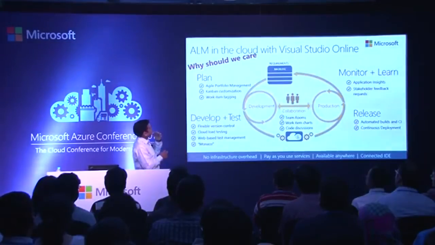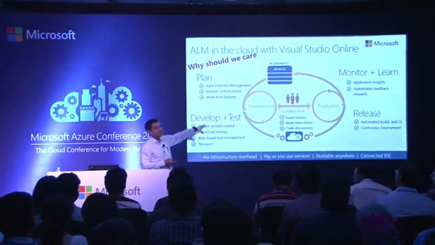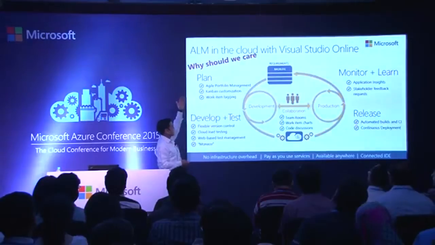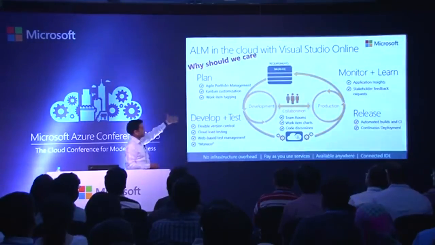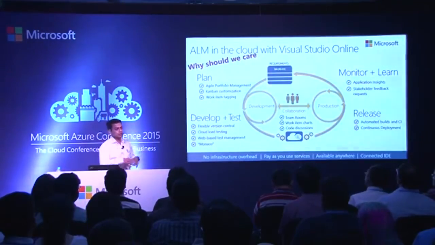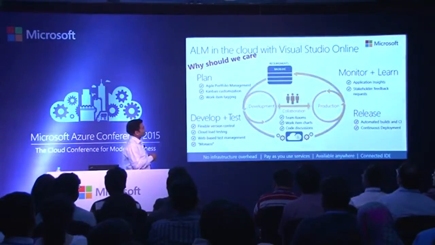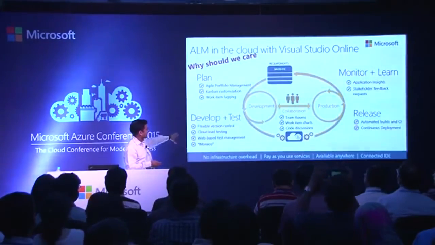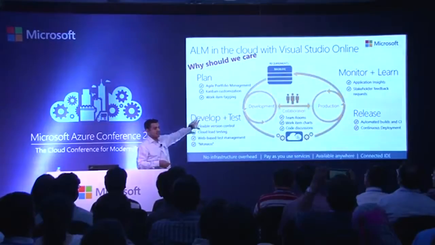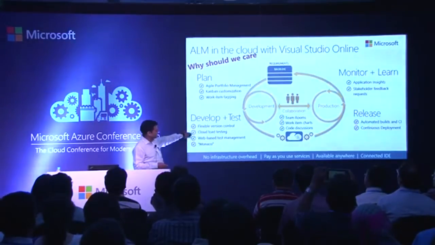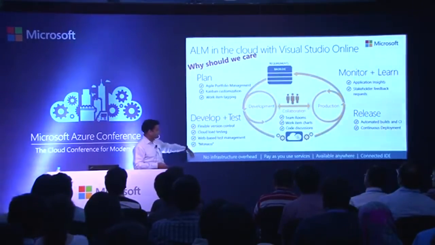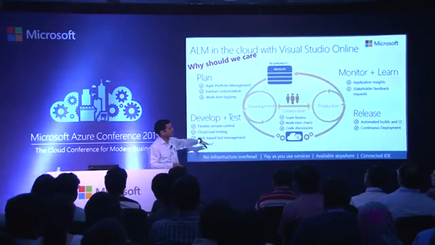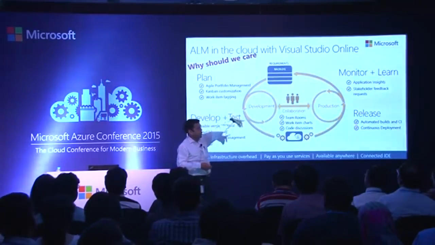From an overall perspective, this is a solution where we are talking about planning, whether it's your agile portfolio management, your Kanban board, the way you want to follow your processes in your organization, work item tagging. With respect to dev and test, we are talking about flexible version control, load testing capabilities, editing in the browser, monitoring the application.